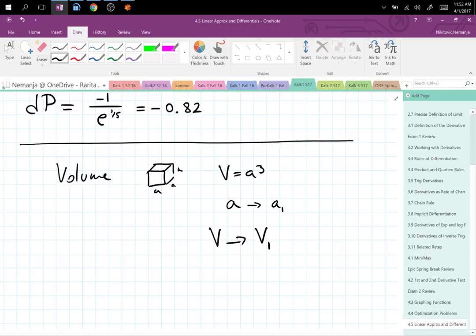You see that every dimension expands. So if you expand by, let's say, 2 inches, what happens to the volume? It grows 8 times, right? So if each side grows times 2, the volume grows 8 times.